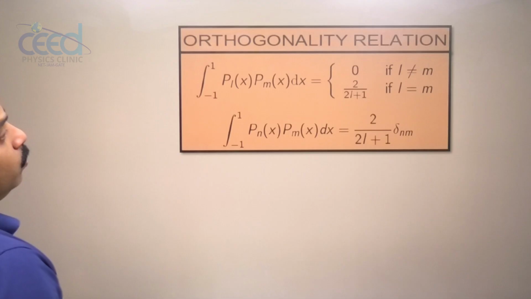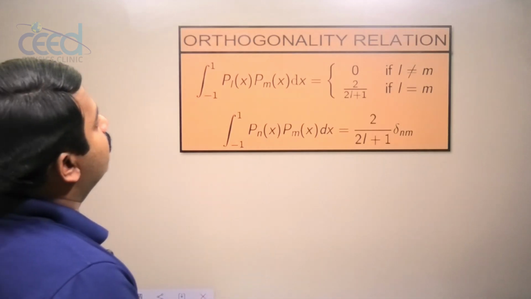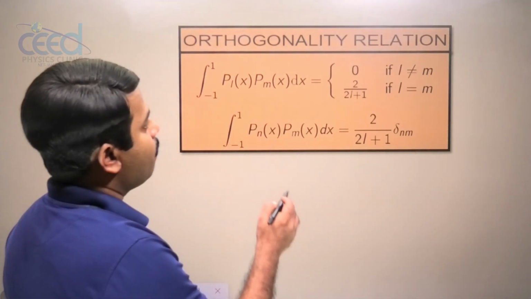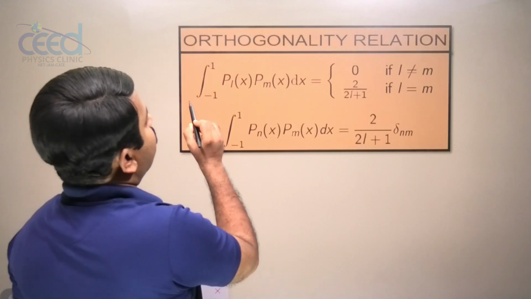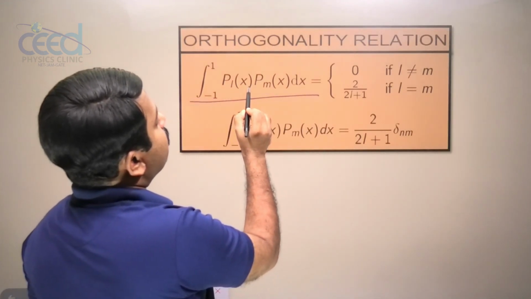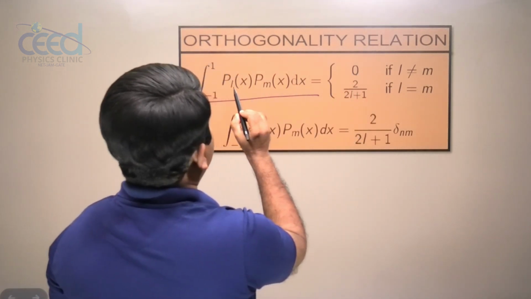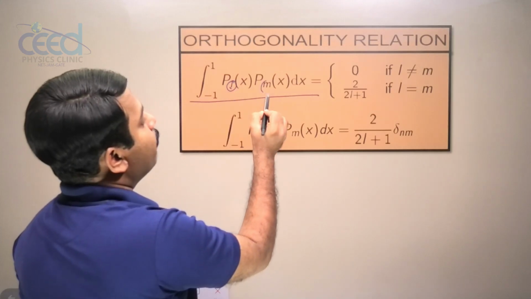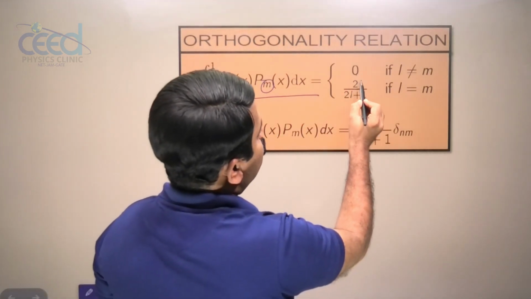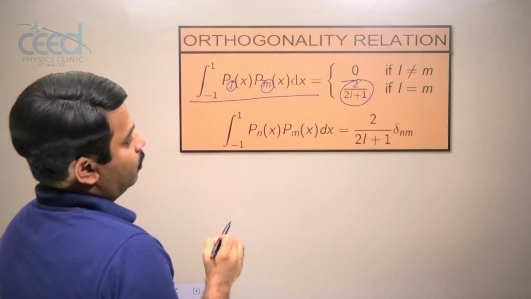Now see the orthogonality relation of Legendre polynomials. So this says the integral from minus 1 to 1 of PL of x into Pm of x dx is equal to 0 if L is not equal to m, and it is 2 by 2L plus 1 if L is equal to m, right, alright.